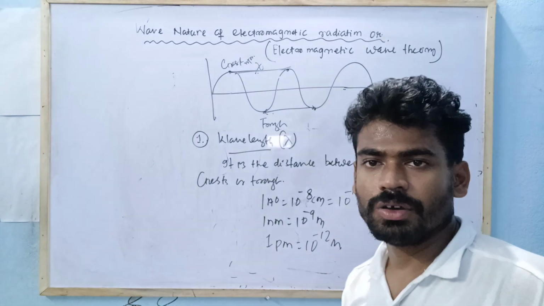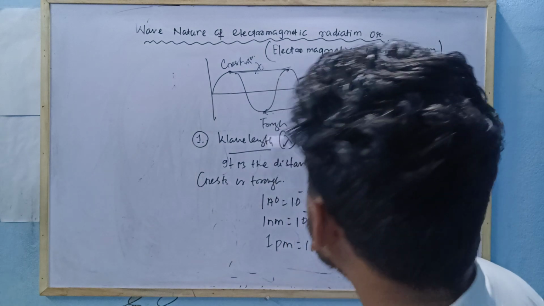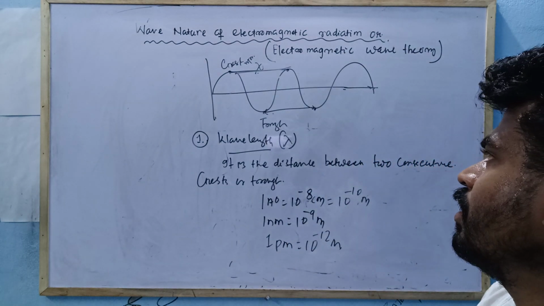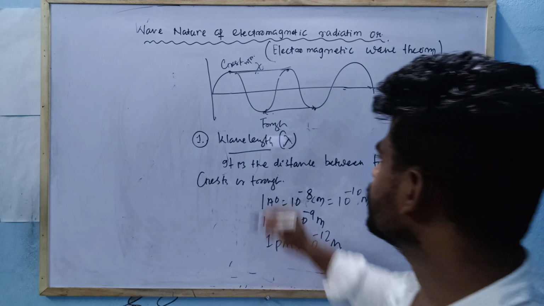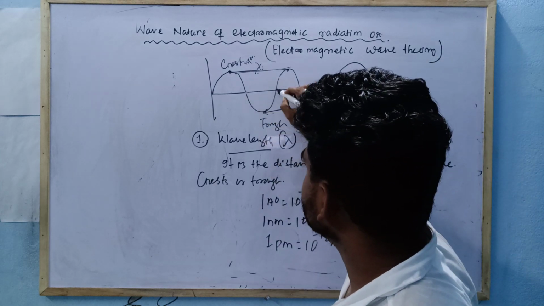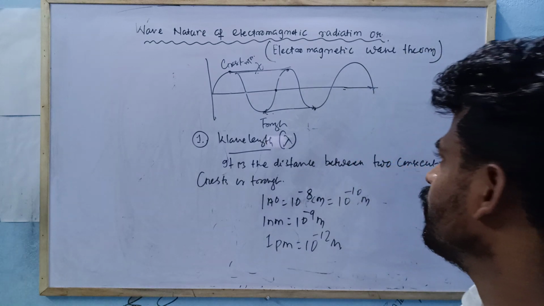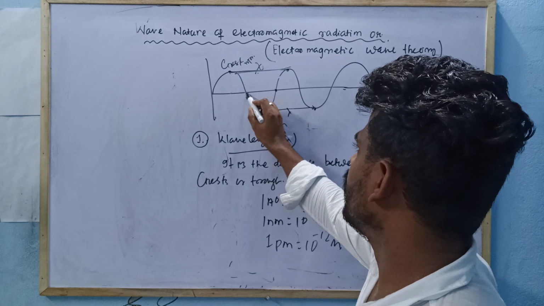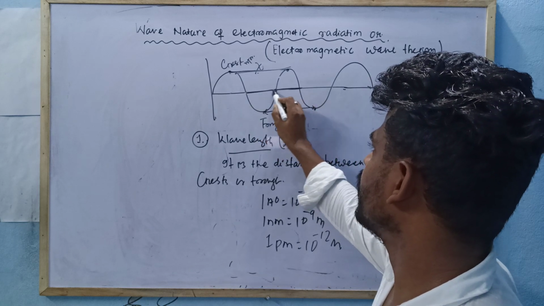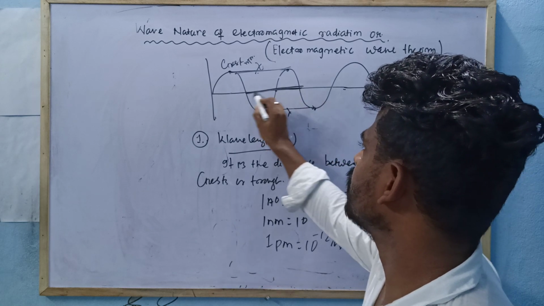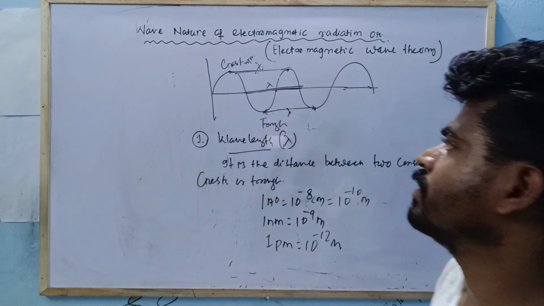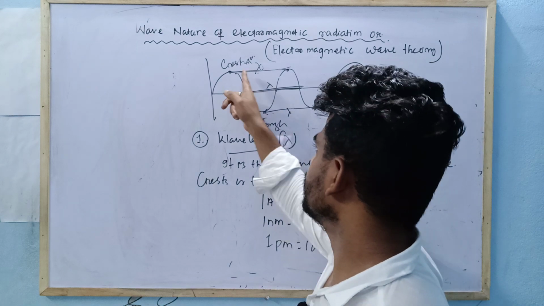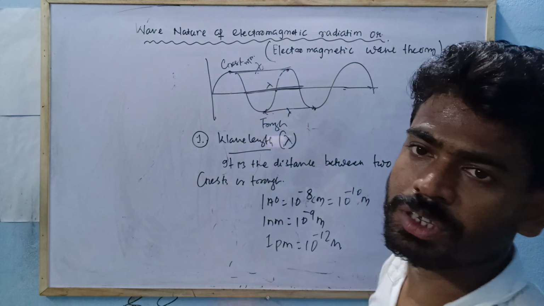So this is your wavelength, the distance between two consecutive crests or two consecutive troughs. Since these are the nodal regions, you may also consider the wavelength to be double the distance between nodal regions. From here to here is also your wavelength. Just remember for simplicity, it is the distance between consecutive crests or consecutive troughs.